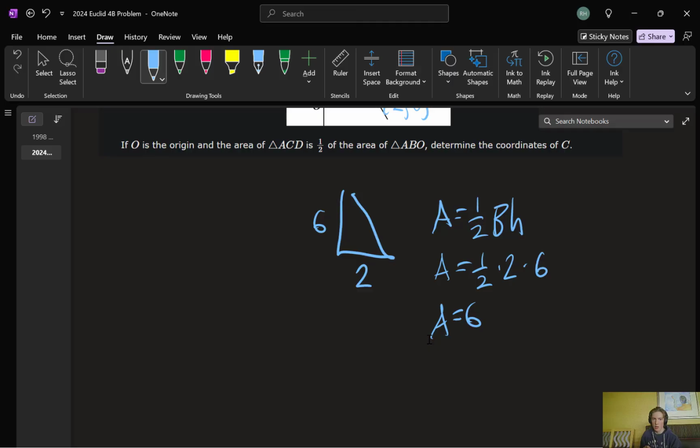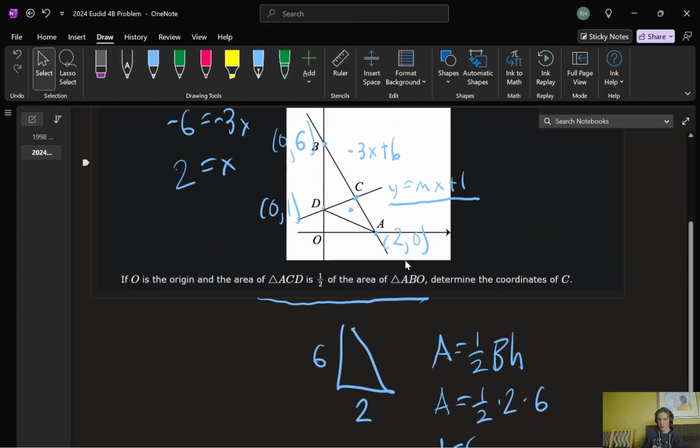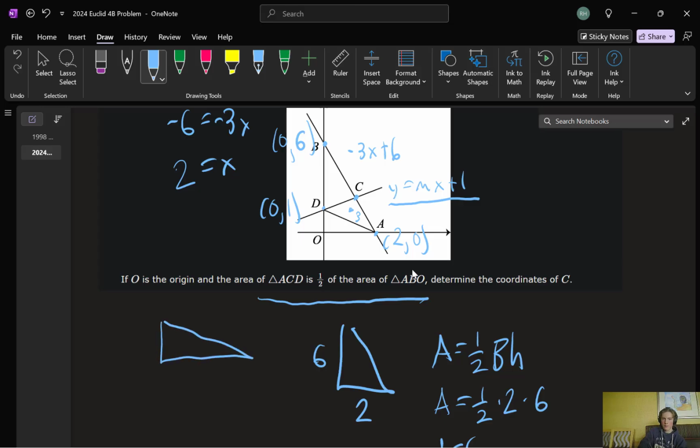And what do we know now? Well, ACD is 1/2 the area of ABO. What's 1/2 of 6? Well, that's just 3. So now we know the area of CAD is 3. And then we can also find one more triangle, because DOA has coordinates 0, 1, and 2, 0, which means the height is going to be 1 and the base is going to be 2.